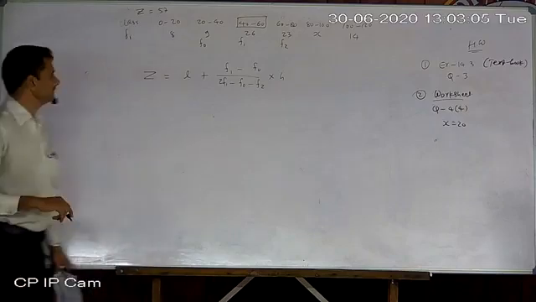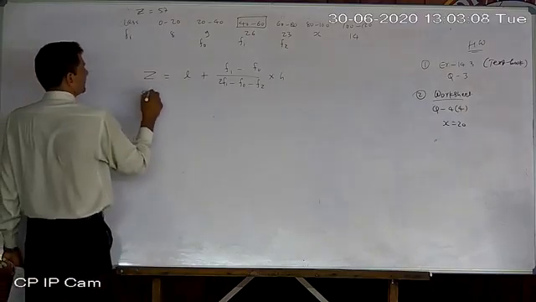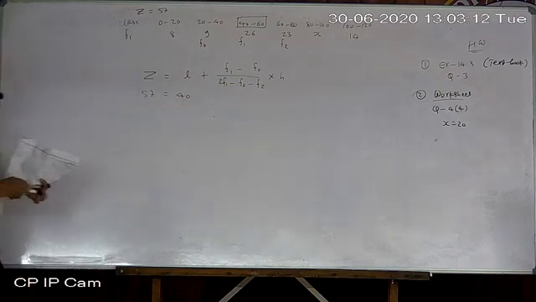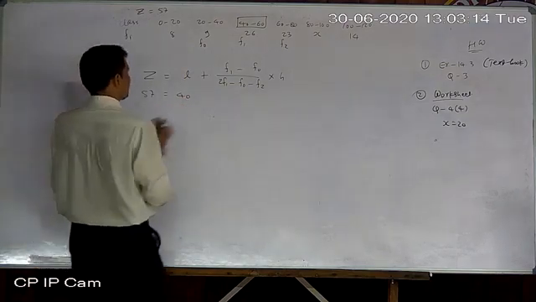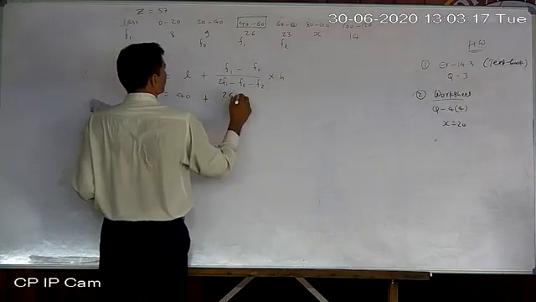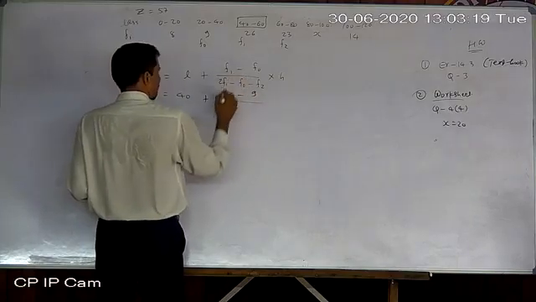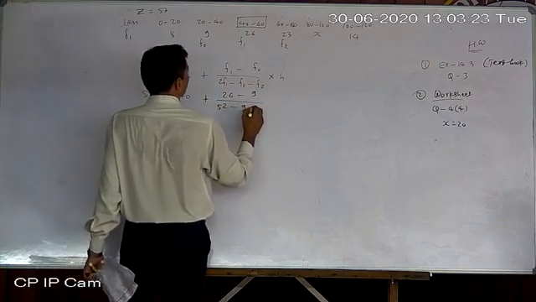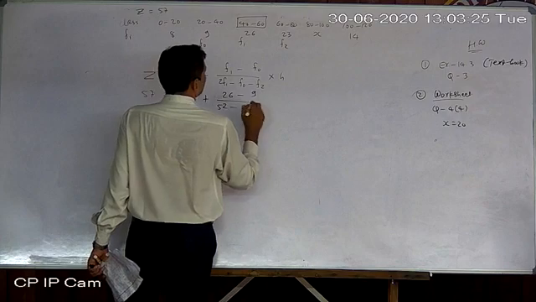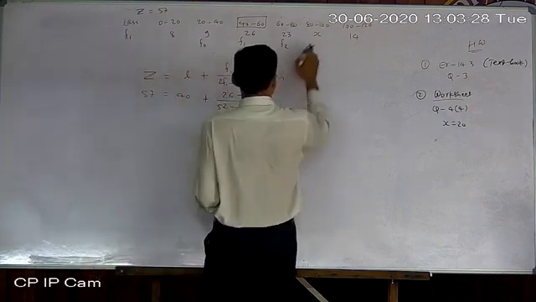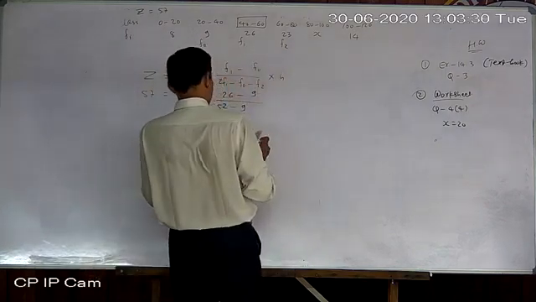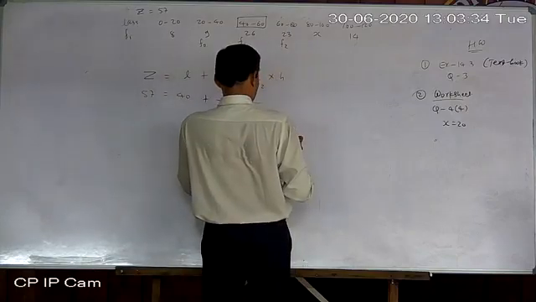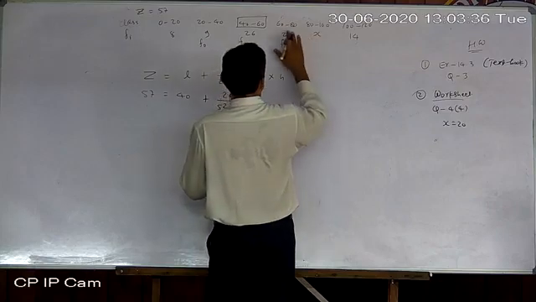Write down all values. Z is 57, L is 40, F1 is 26, F0 is 9. Twice of 26 is 52 minus 9. Sorry, X should be here only, otherwise it is not possible. So I just changed that one here.